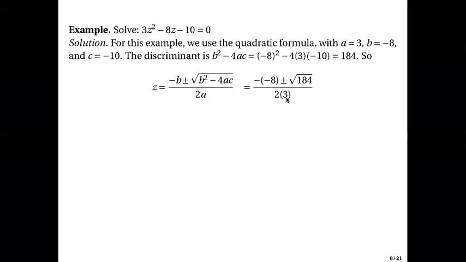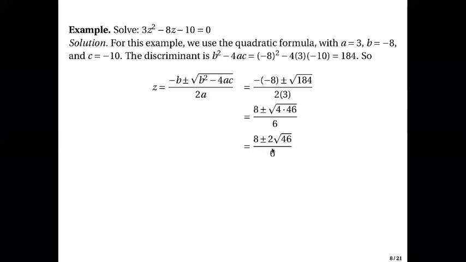Okay? So if you simplify, you will have this. So 184, you will have 4 times 46. And 4, it's a perfect square again. So you can bring it out to obtain the following. So 8 plus or minus 2 square root of 46, all over 6.